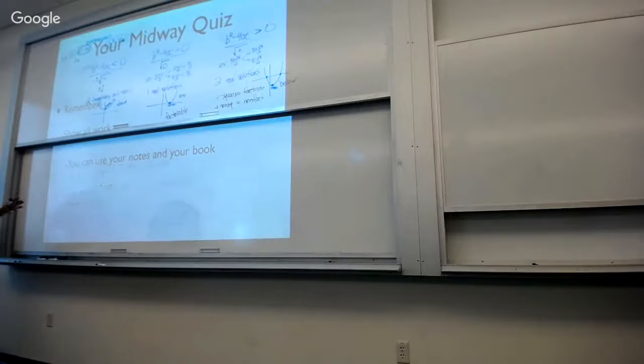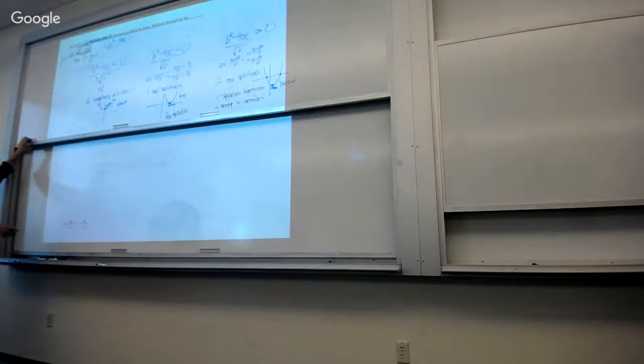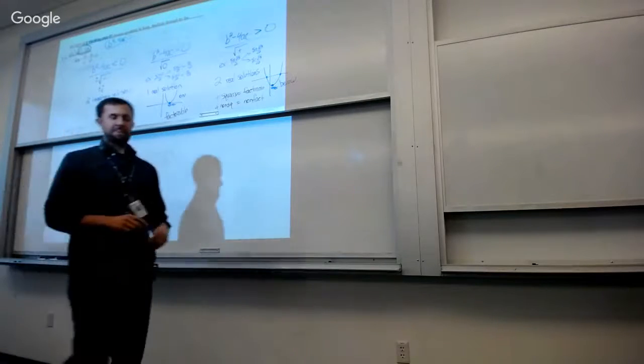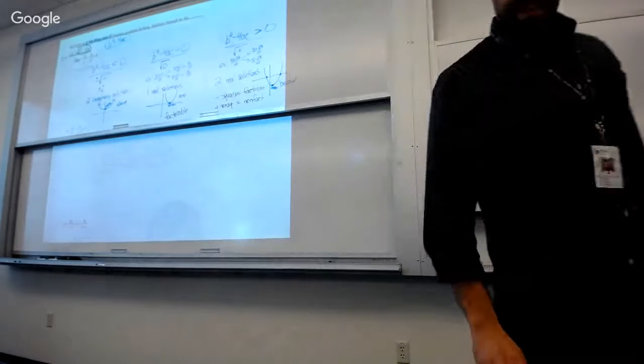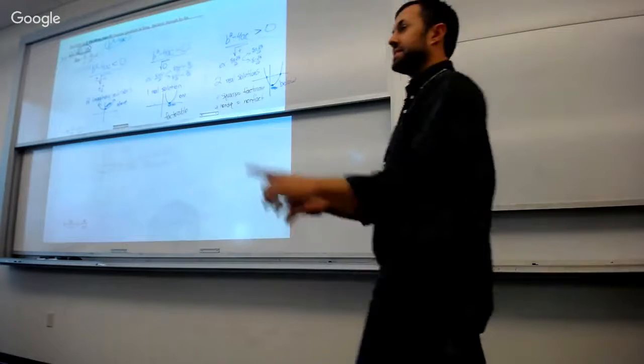Very clever. Okay, so your midway quiz is due next Tuesday, but I think we could go ahead and we have a couple minutes. I'm going to give you a choice. It's 3:08. We have 12 minutes.